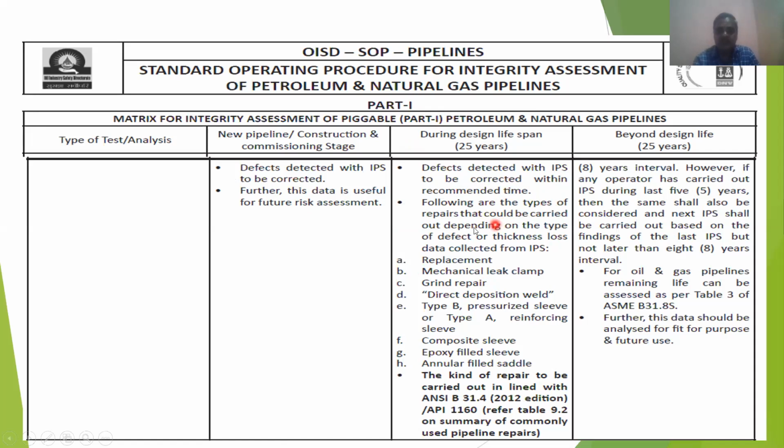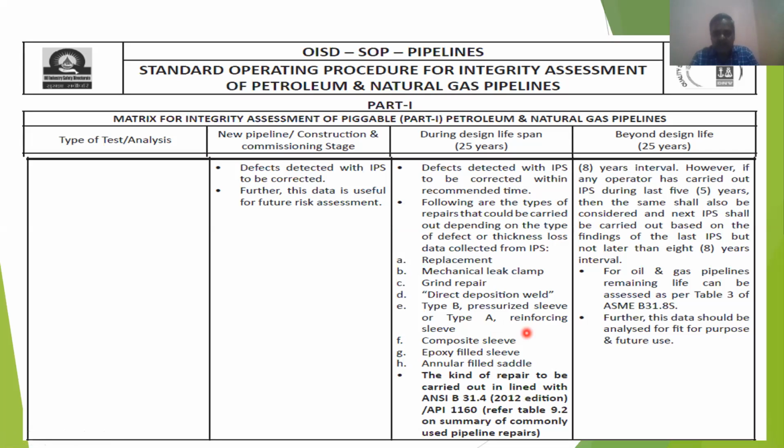Following are the types of repairs that could be carried out depending on the type of defect or thickness loss data collected from IPS: replacement, mechanical clamps, grind repair, direct deposition weld, type B pressurized sleeve, or type A reinforcing sleeve, composite sleeve, epoxy filled sleeves, and angular filled saddles.